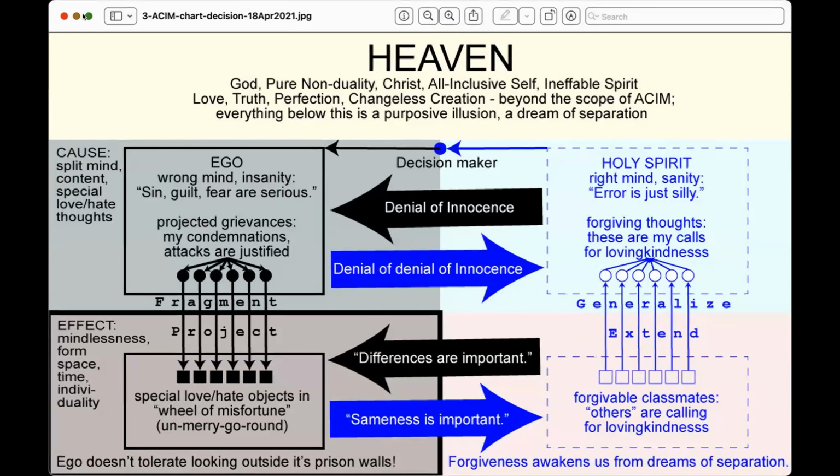Now, rather than focusing on the middle section, this is more similar to what Ken had done in some ways. And I thought, well, let's put some of the jargon he had in the upper portion for heaven: God, pure non-duality, Christ, all-inclusive self, ineffable spirit, love, truth, perfection, changeless creation. This is really beyond the scope of the course. As Ken points out in so many of his talks, the course isn't a course in love.